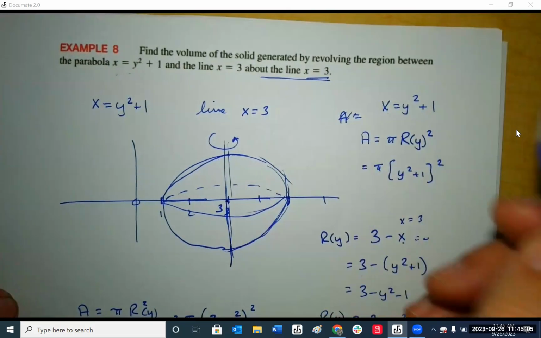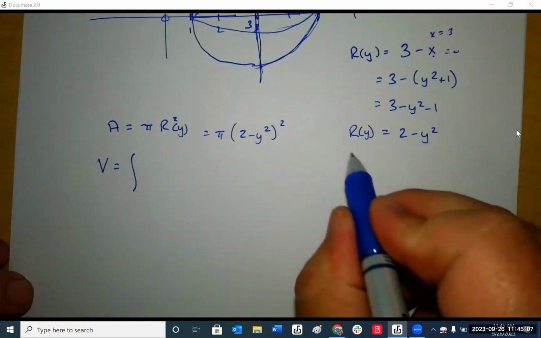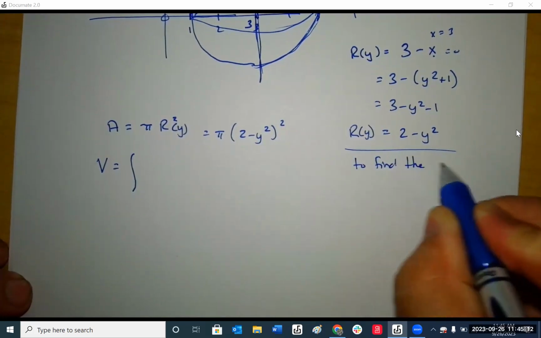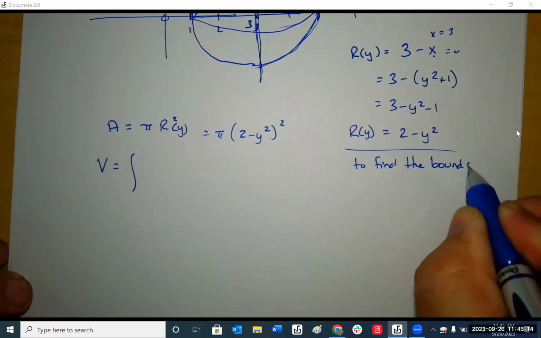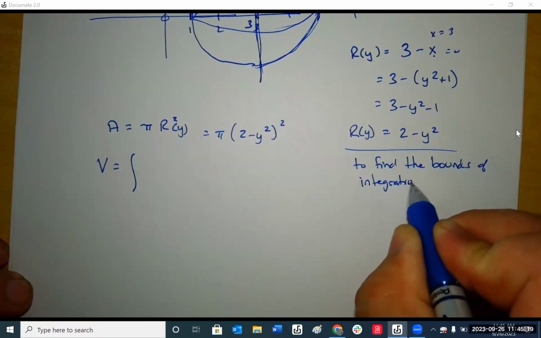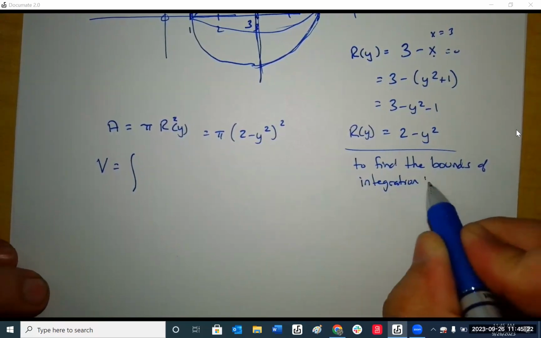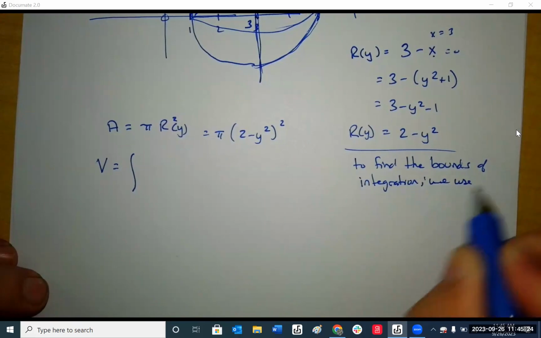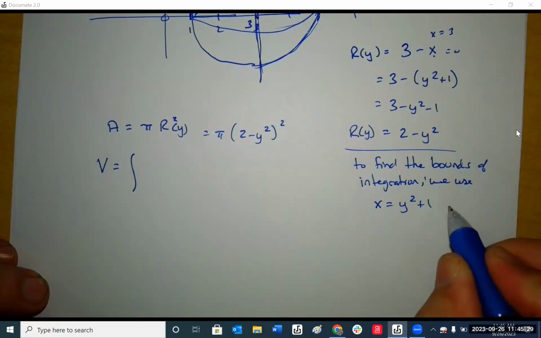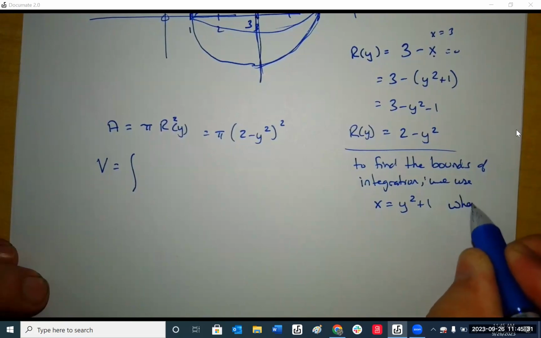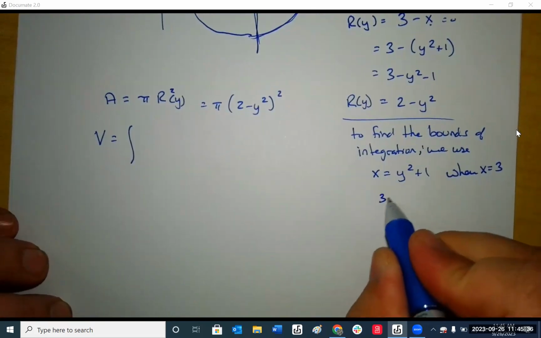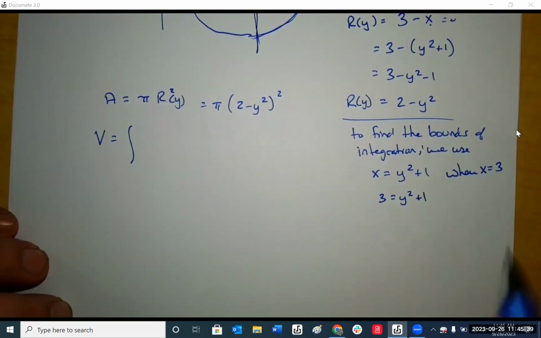Yeah, x equals 3. So to find the bounds of integration, we use x equals y squared plus 1 when x equals 3. So we have 3 equals y squared plus 1.